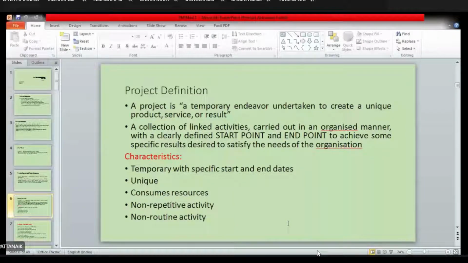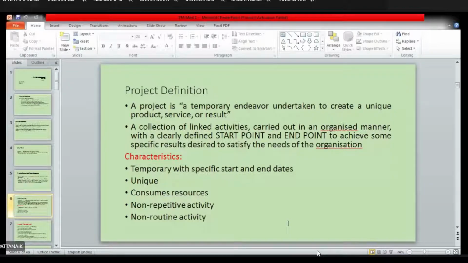As I said, the resources may be material, manpower, money, of course, and machines, equipment. You think of any project example, it will need that, right? It's a non-repetitive activity, as I said. It is once in a while. We are not going to repeat it.